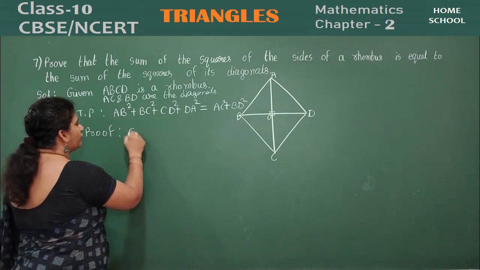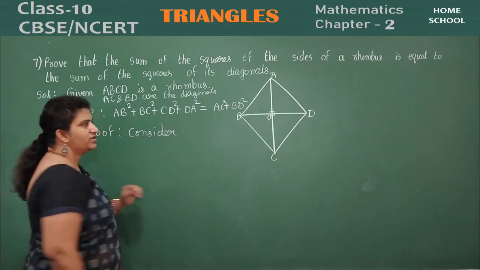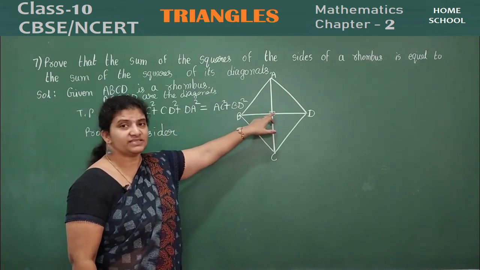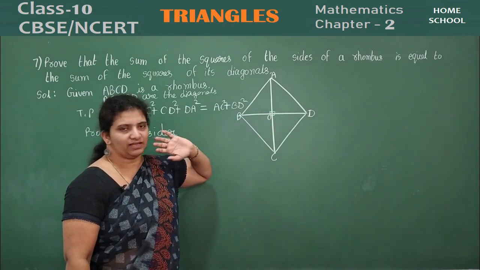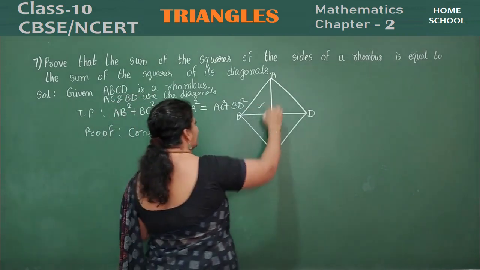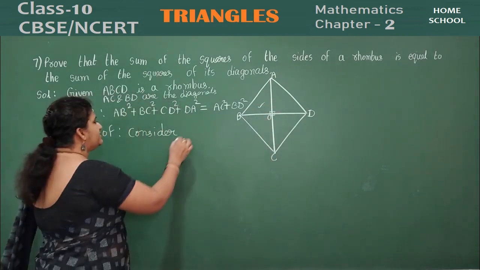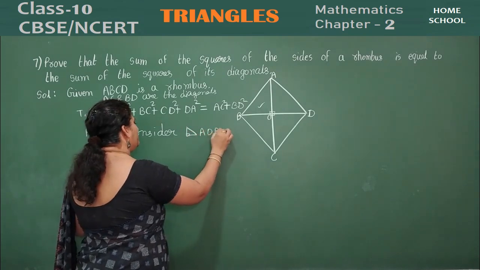Let's start our proof by considering any one right triangle here. The diagonals bisect each other, right? So it makes 4 equal right triangles. Any one right triangle you take. I'm going to consider right triangle AOB.